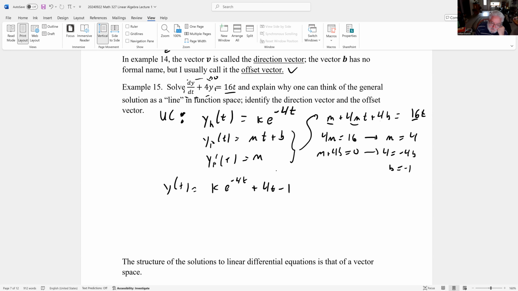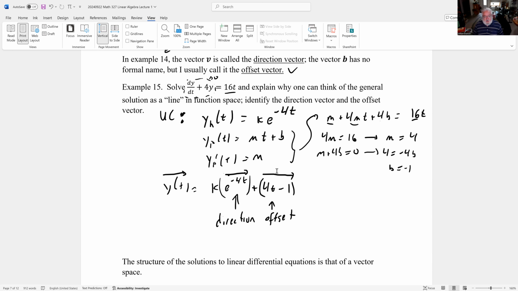Homogeneous solution, particular solution. So if we think of functions as vectors, that's the offset vector, and that's the direction vector. So the solutions to these first order linear equations are actually lines, formally.